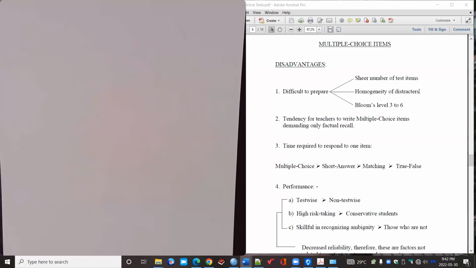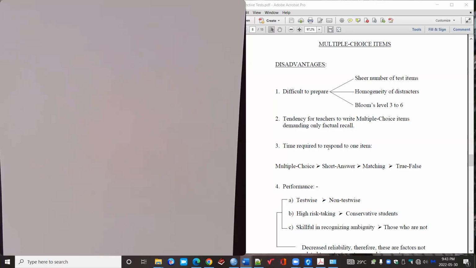Evaluation, difficult, right? That's the reason the majority of multiple choice items are at Bloom's level 1, only a small percentage at level 2, level 3 a few, and so on. So we have a strong tendency for teachers to do that.